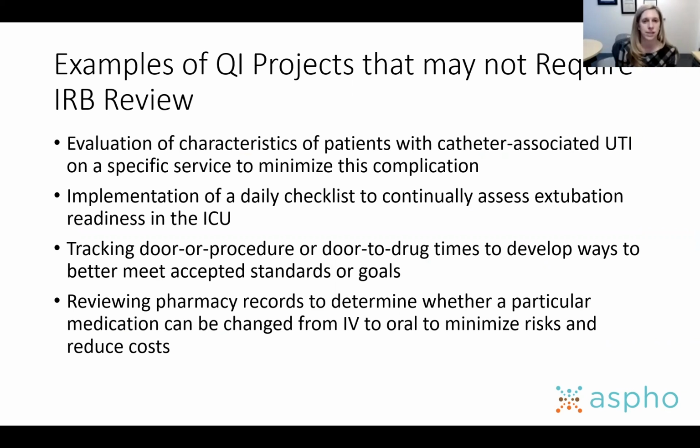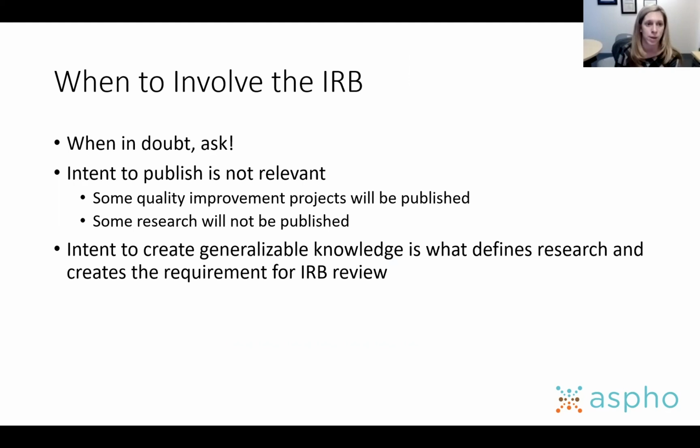Some examples of projects that may not require going through the IRB would be these: evaluation of characteristics of patients with catheter-associated UTI on a specific service to minimize this complication, implementation of a daily checklist to assess extubation readiness in the ICU, tracking door to drug or door to procedure times to develop ways to better meet accepted standards, reviewing pharmacy records to determine whether a particular med can be changed from IV to oral. Some of these things can actually be done under the heading of QI and may not require IRB review.